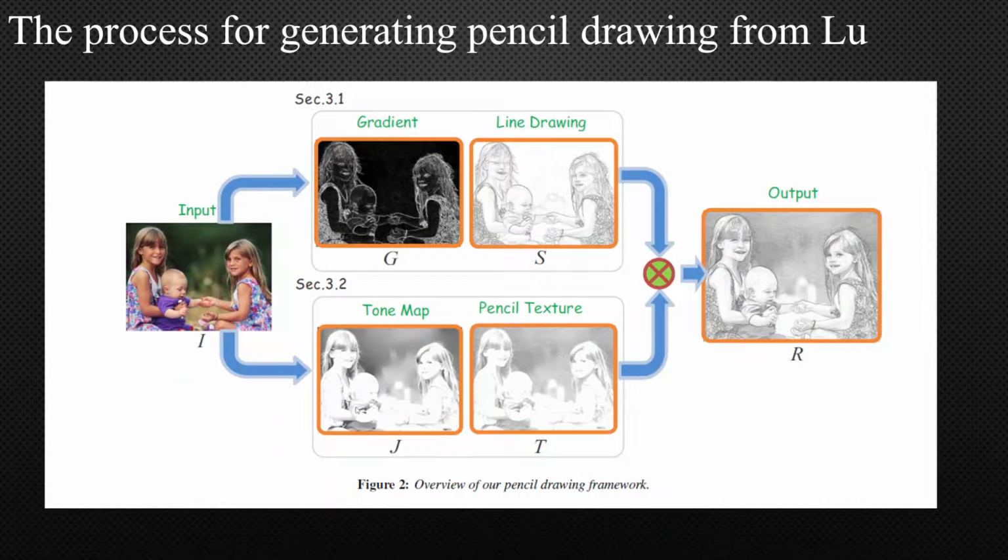Let's talk about the process for generating pencil drawing from loose paper. First, we calculate the gradient to detect edge using this formula, and we convolve in 8 directions on the resulting edge map.